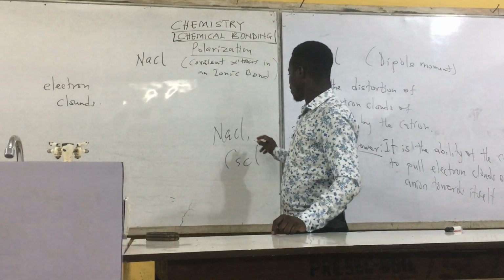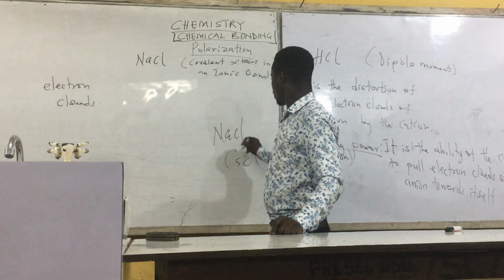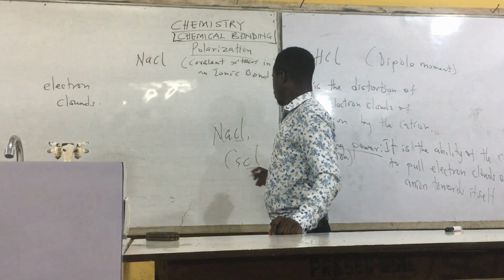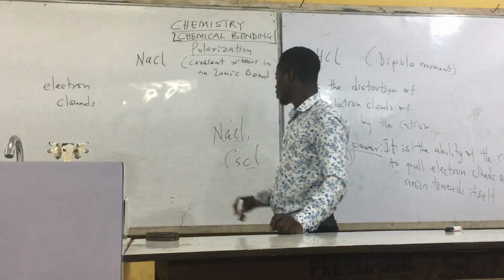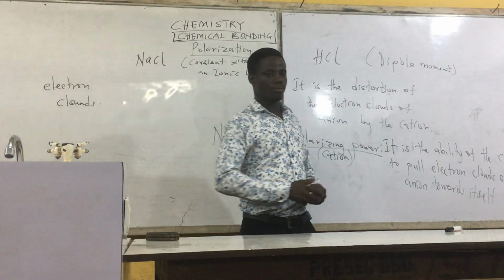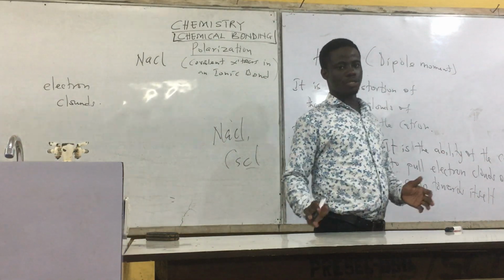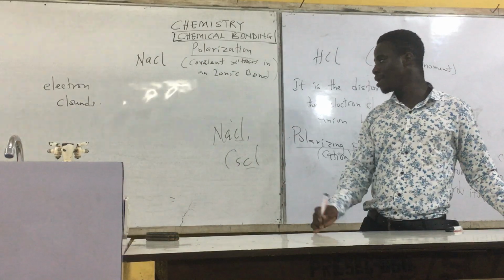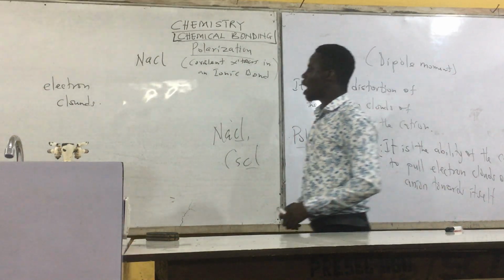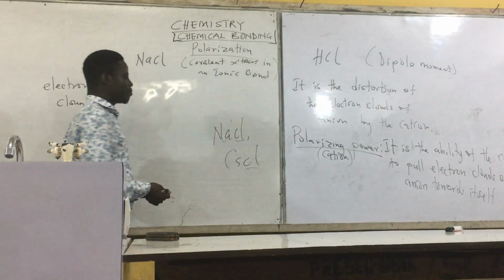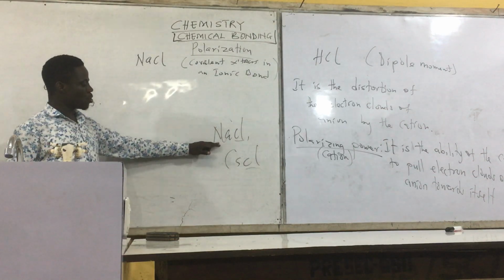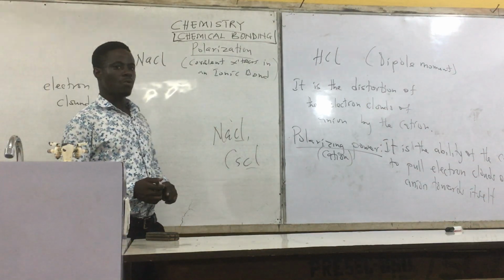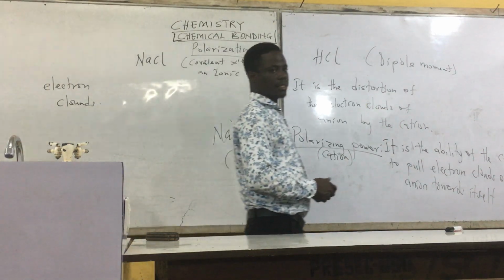You can see that both have chlorine, so our emphasis is going to be on sodium and cesium, which is what we are going to use in comparing. Between sodium and cesium, which one is bigger?